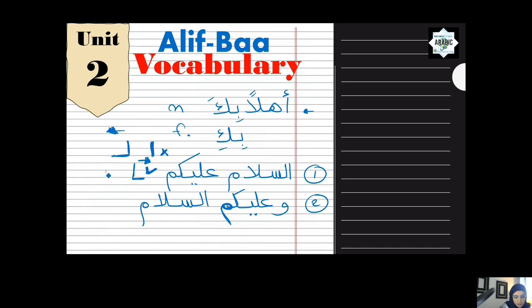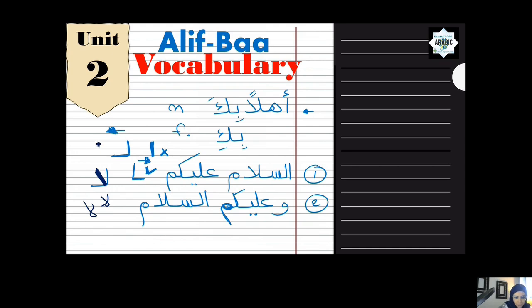But if it crosses lam, it has to be basically like this. Write it as basic and as simple as you can, because there are other scripts where you can find lam written like that.